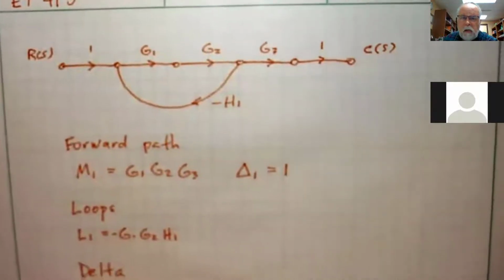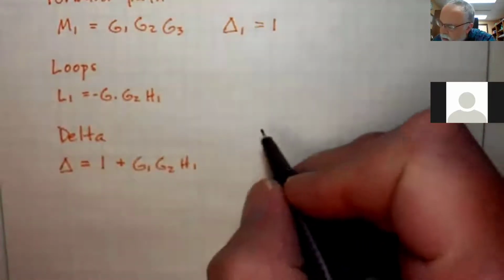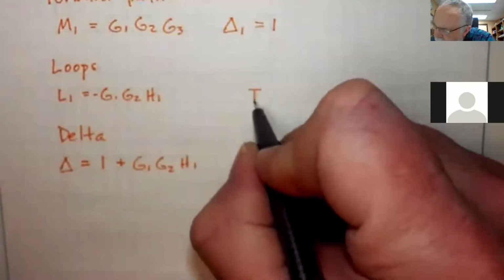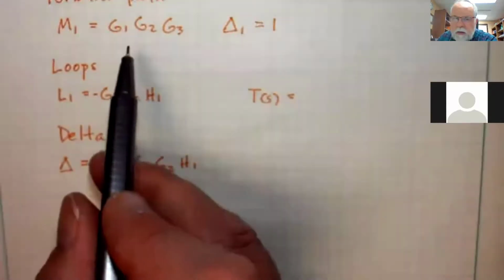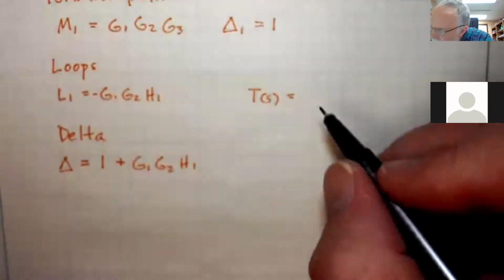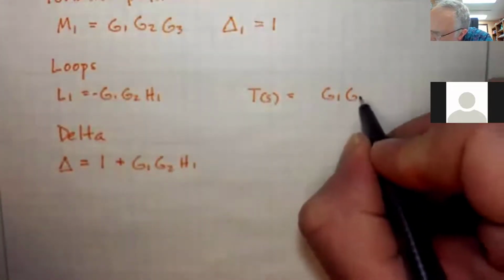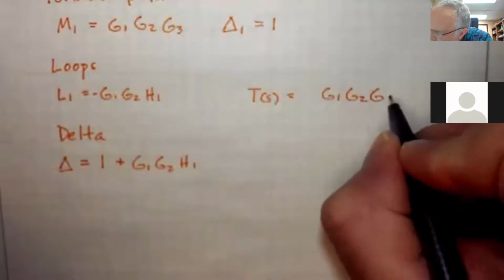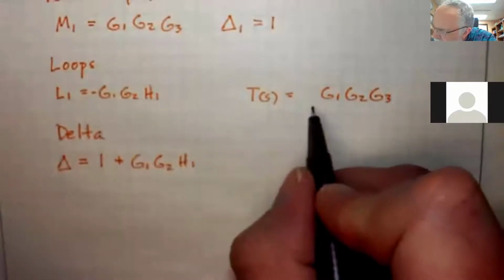And now we just put everything into the equation. T(s) equals the sum of the forward paths. We've only got one forward path, so the sum is pretty easy. Our delta is 1, so it doesn't change anything.